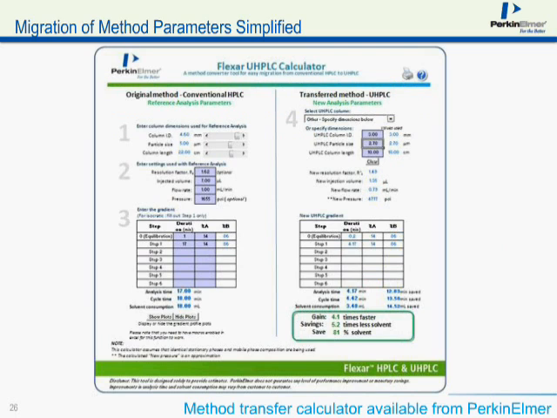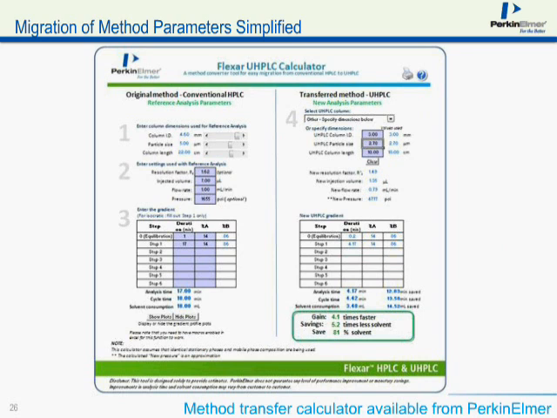As mentioned earlier, we also have this calculator, which we will send you the URL for in order to download later, which was actually used for sub-2 micron UHPLC particles, but it works just as well for SPP. These were all the alternative equations. This spreadsheet is based on the alternative equations.